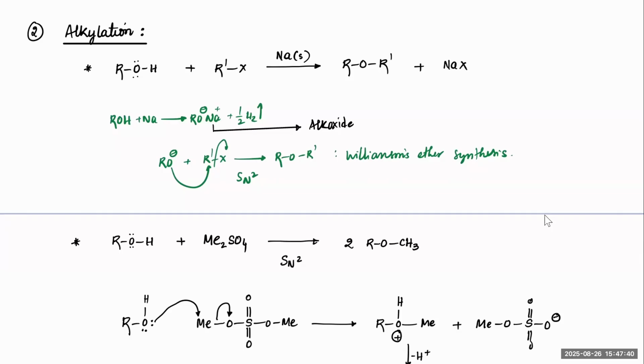If you push some alkyl halide into it, RO minus, being a strong nucleophile, will definitely attack R and remove this X. And because it is a strong nucleophile, it will favor an SN2 mechanism. Got it? That's how you will get an ether. And this process is called Williamson ether synthesis. We learned this earlier as a part of alkyl halides also.